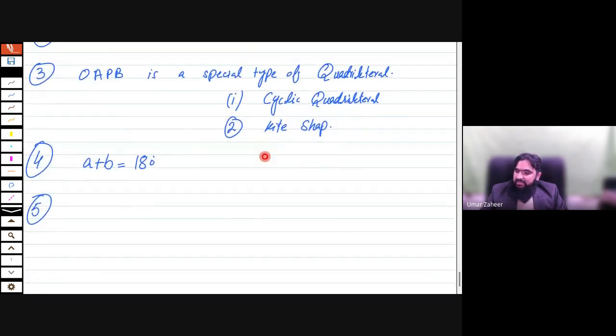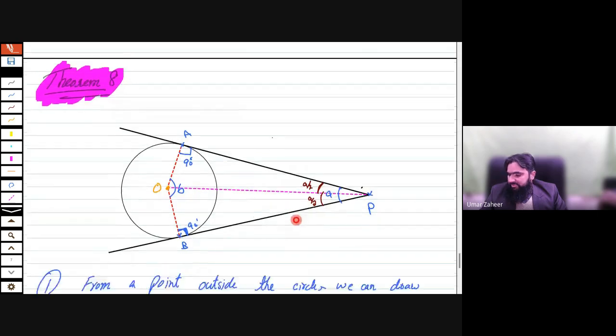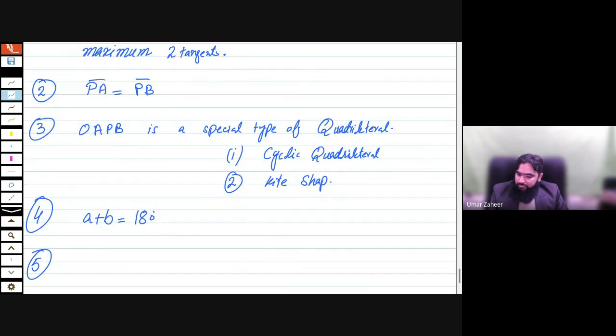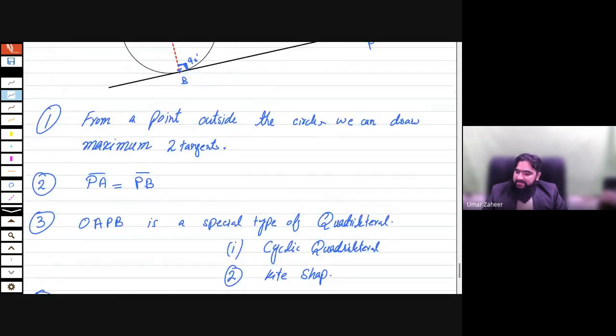So triangle OAP is congruent to triangle OBP. This is the sign for congruency, we have to make three lines. Clear?